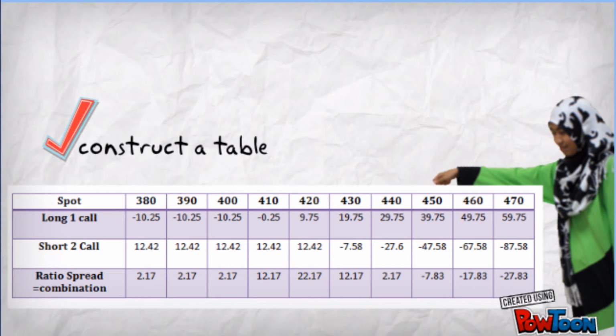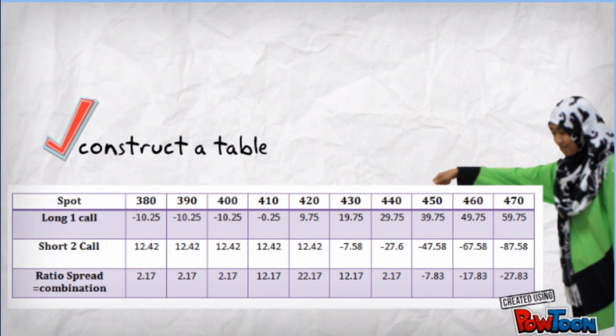But at the spot price 410, the buyer of the call option still loses even though the spot price is greater than the strike price. But the loss is only on a small scale, which is negative 0.25.